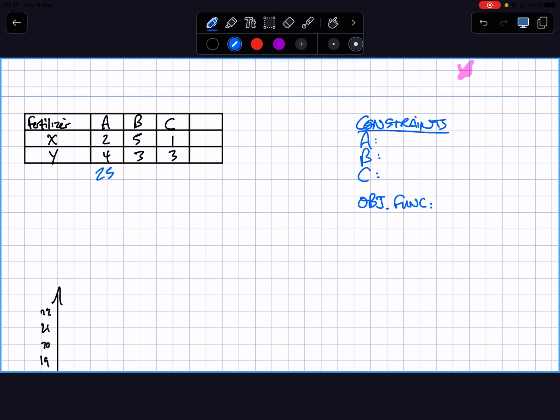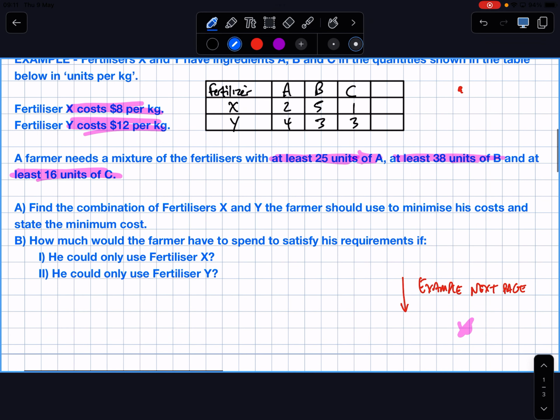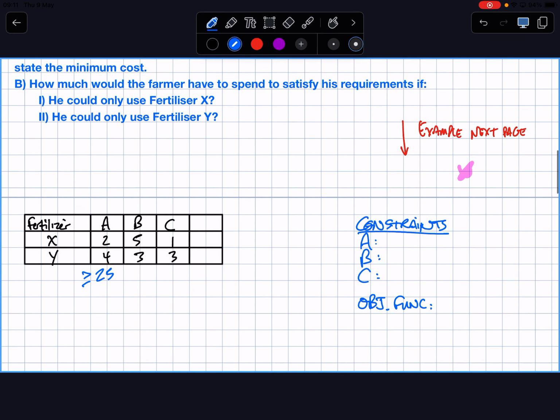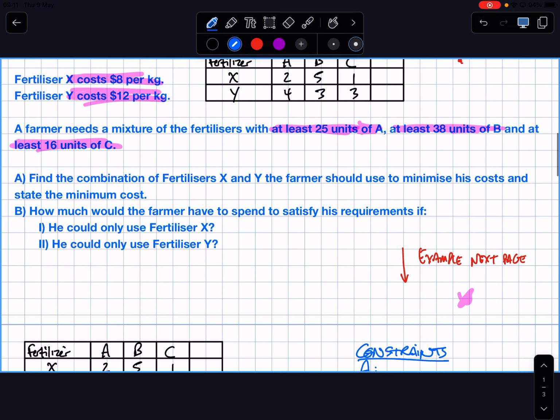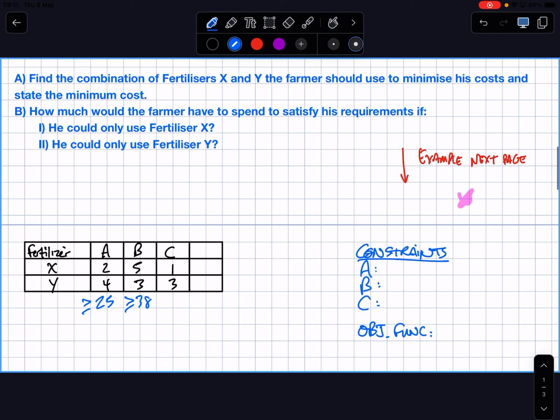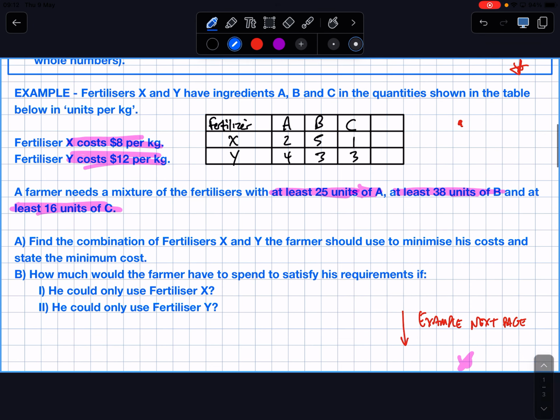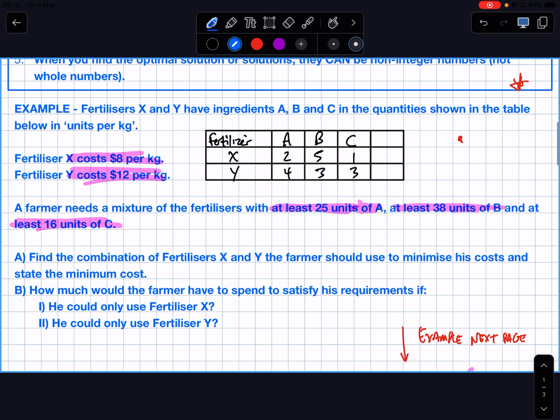Less than or equal to, or greater than or equal to? Well done. Were they all at least? Yes. Good. So B is going to be greater than or equal to 38 and C greater than or equal to 16.